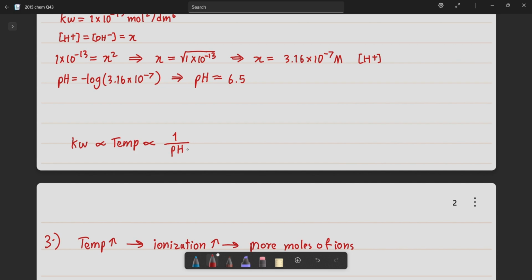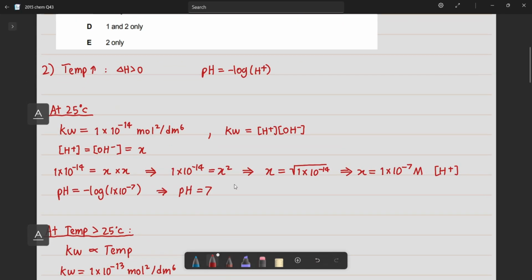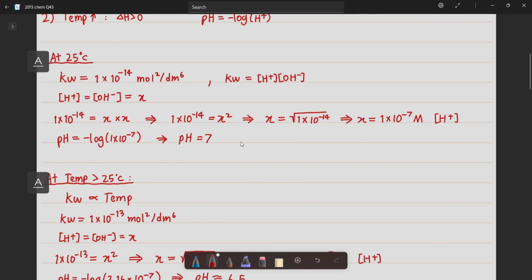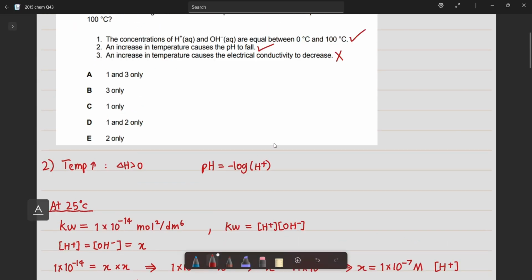The pH is inversely proportional to H plus, but the H plus concentration is directly proportional to temperature and the Kw value. This is the general expression you must keep in mind to solve this question very quickly without wasting time proving and then getting to the right answer.